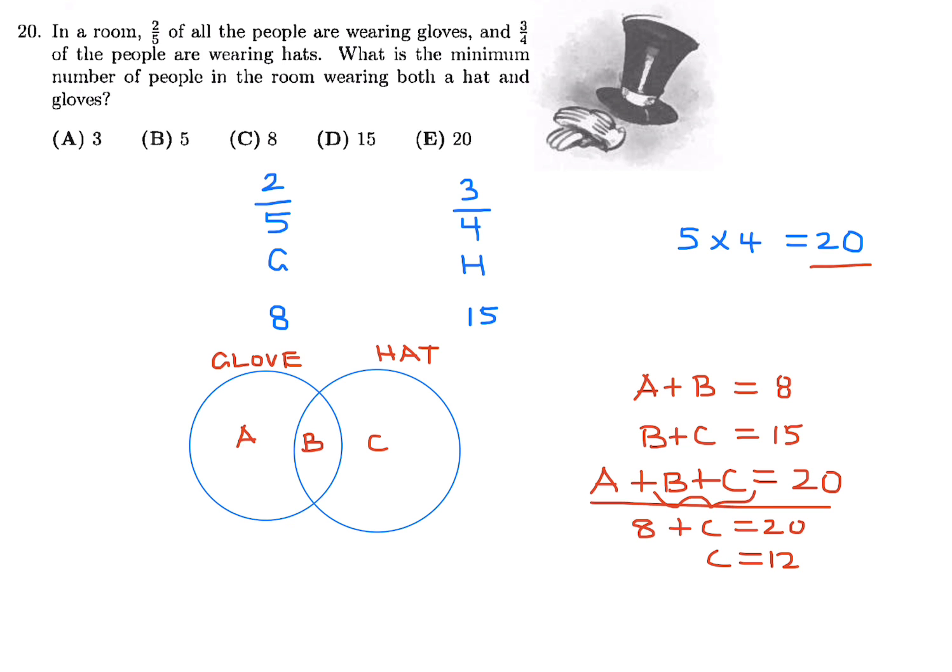In the same equation, if I substitute B plus C is 15, it becomes A plus 15 is 20, so therefore A is equal to 5. And then put those two numbers back into here. You get 5 plus B plus 12 is equal to 20, and therefore B is equal to 3. So number 20, the answer is A.